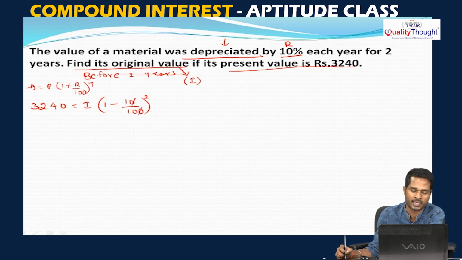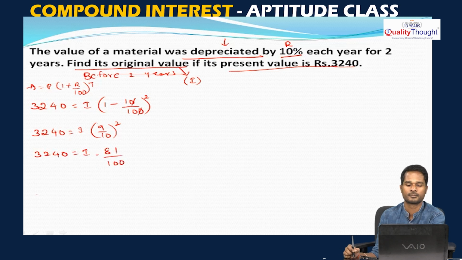Now the zeros will cancel. So 3240 equals I into, 10 minus 1 is 9 by 10, whole square. Let me write one more step: 3240 equals I into 81 by 100, since 9 square is 81 and 10 square is 100. 81 ones are 81, 81 40s are 3240.